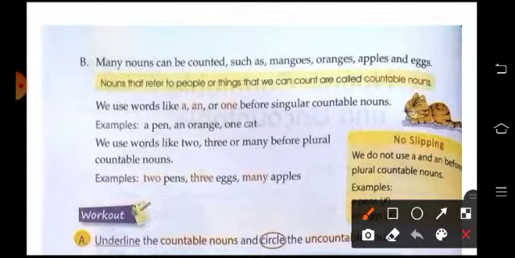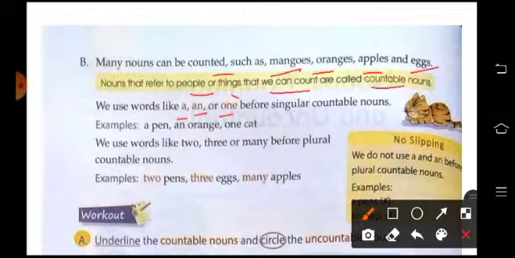Many nouns can be counted, like mangoes, oranges, apples and eggs. Nouns that refer to people or things that we can count are called countable nouns. And we use words like a, an or one before singular countable nouns, like a pen, an orange, 1 cat.